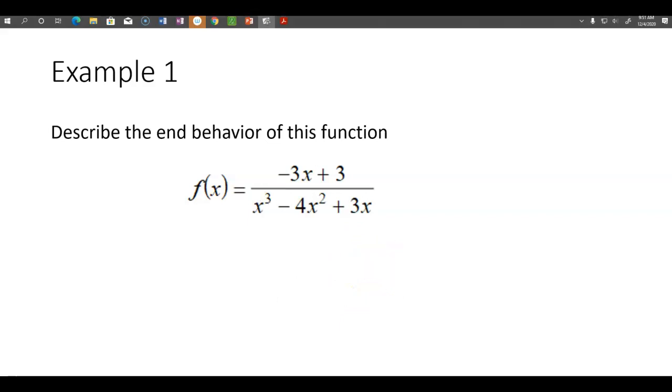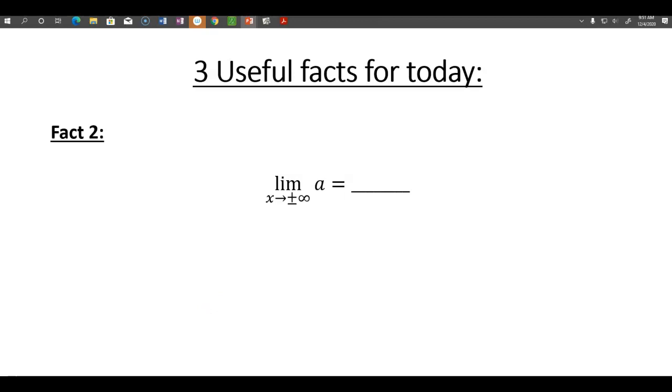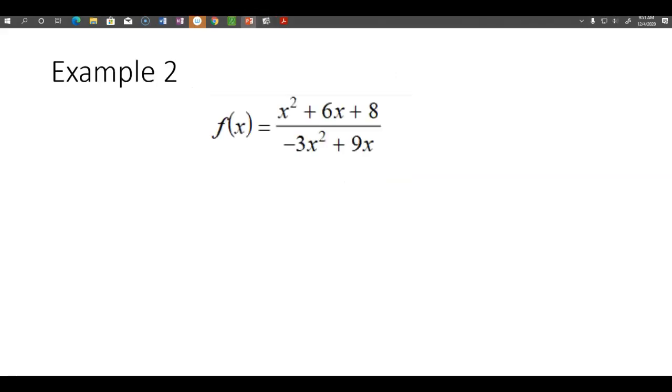Okay? Another situation that we've looked at is this situation where you just have a number. And in those cases, the answer is that number. That happens anytime the power on the top is exactly the same as the power on the bottom. Because in those cases, they're just going to go away, leaving you with this number here and this number here. And that will end up being your answer for the end behavior, which is your horizontal asymptote.